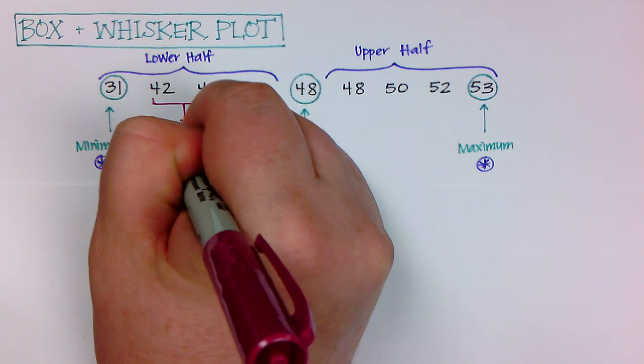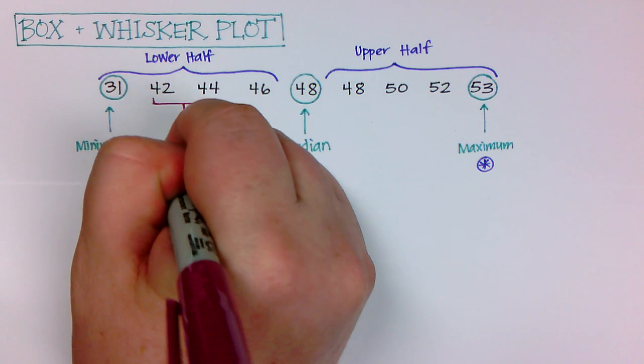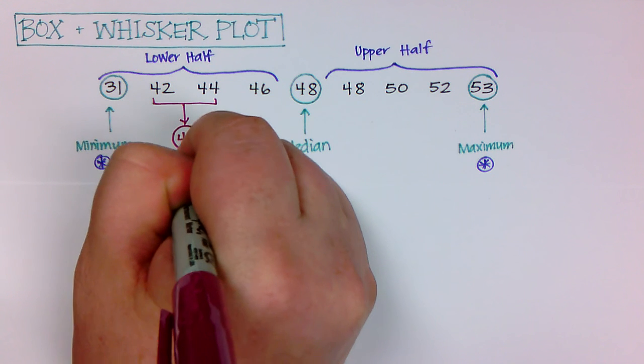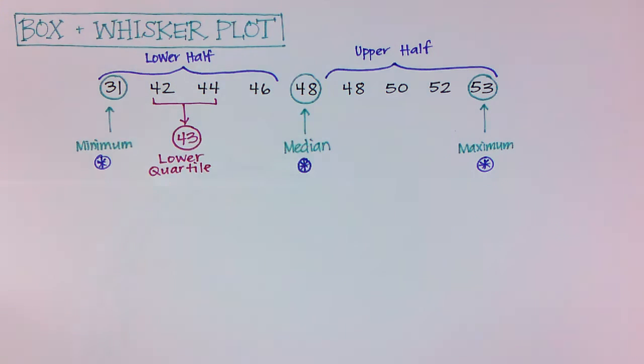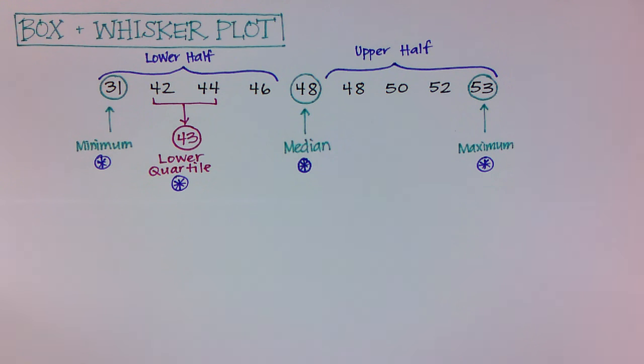And this is going to be another number that I plot. This is called the lower quartile, Q-U-A-R-T-I-L-E. And this is something else that I need to plot. So see why I really wanted you to rewrite this, because there's a lot to do.